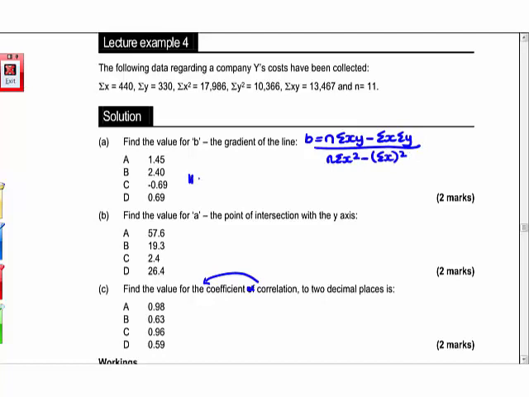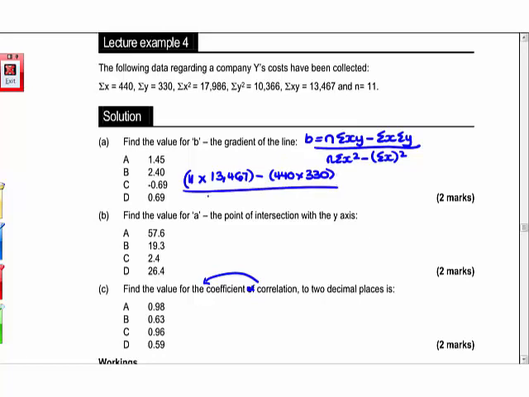So n is equal to 11. The total of xy here is 13,467, the total of the x column is 440, and the total of the y column is 330.